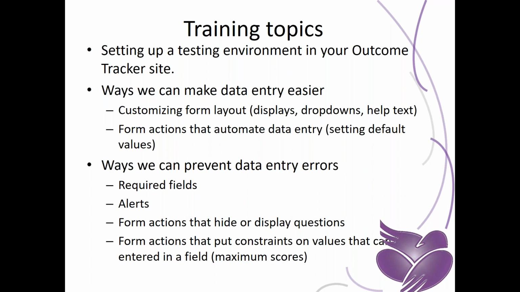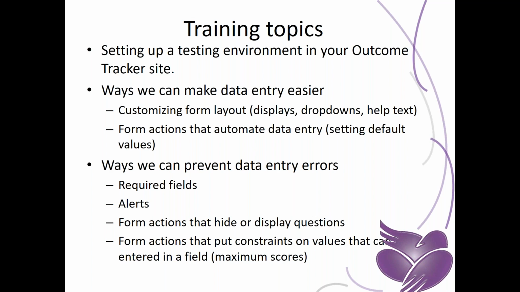Now, the other main area we'll look at are ways that we can prevent data entry errors. Some of those features include required fields, displaying alerts on important questions, displaying instructions on important questions, and form actions.